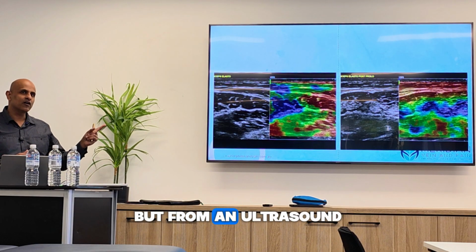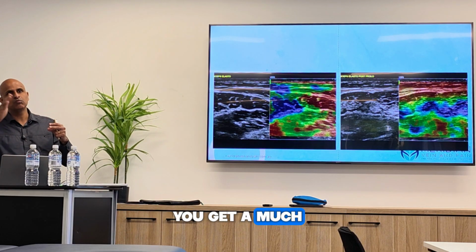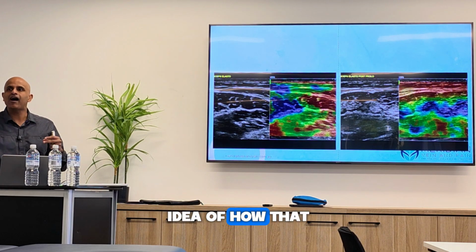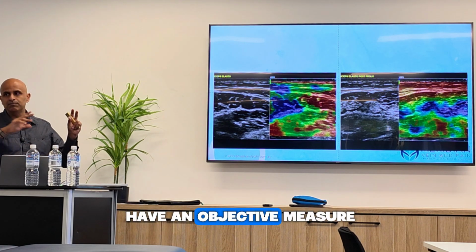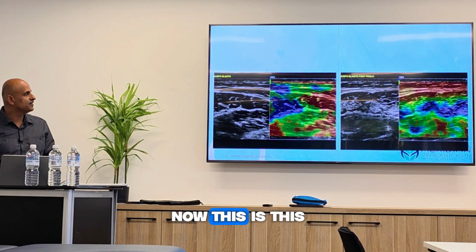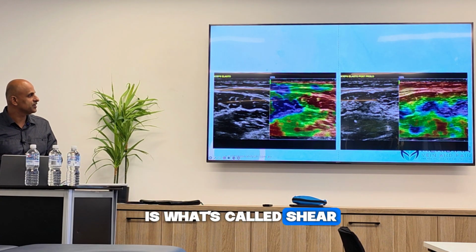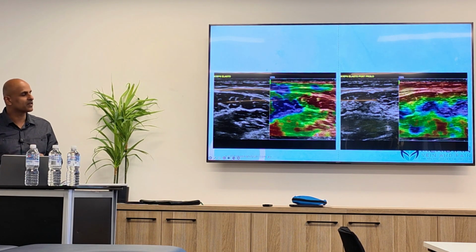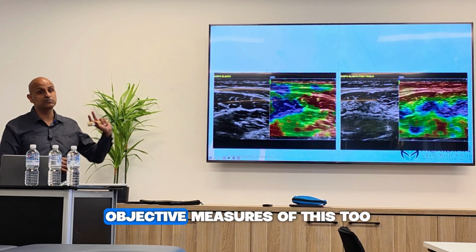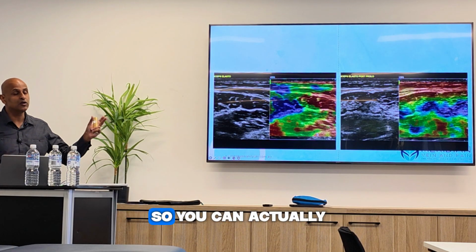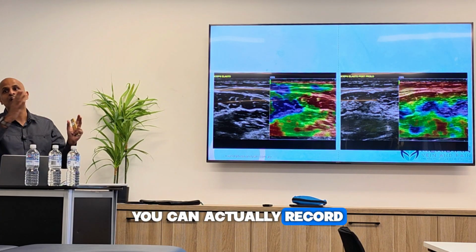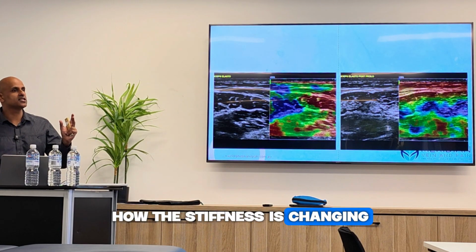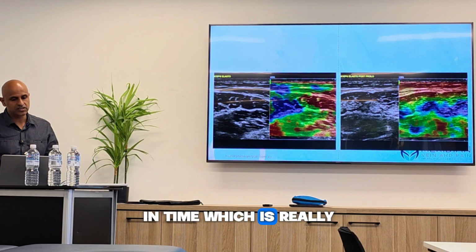But from an ultrasound point of view, you get a much more effective idea of how that scar tissue changes, so that you then have an objective measure. Now, this is what's called shear elastography, but strain elastography actually gives you objective measures of this too. So you can actually record how the stiffness is changing in time, which is really quite exciting.